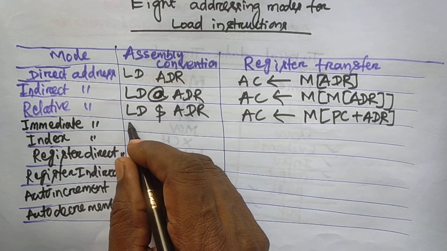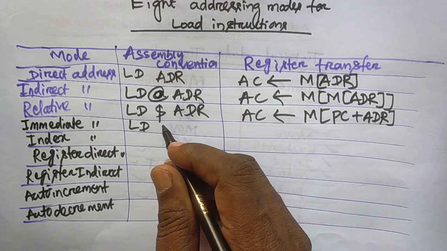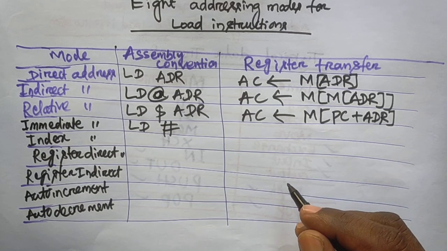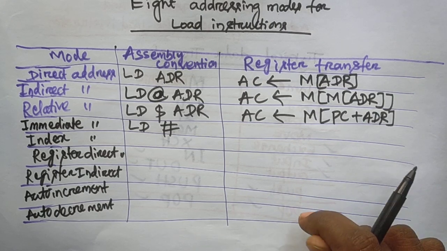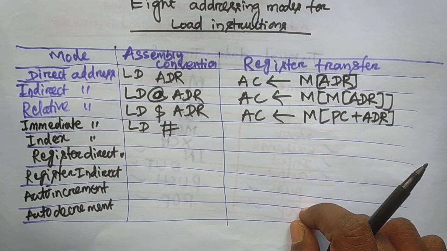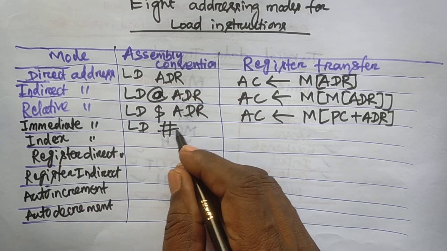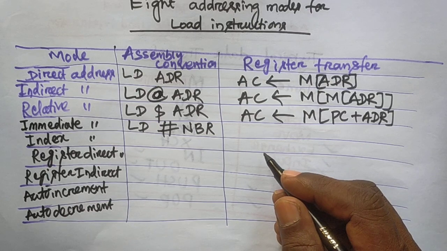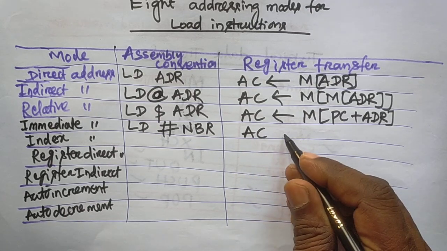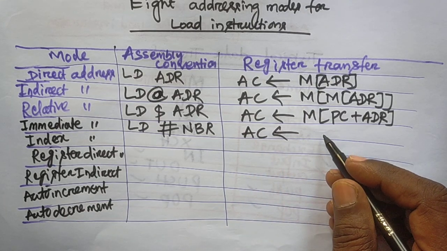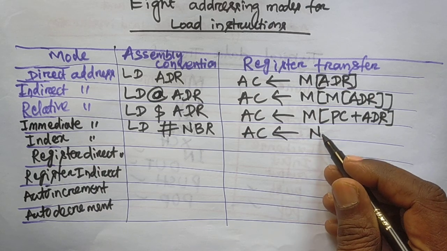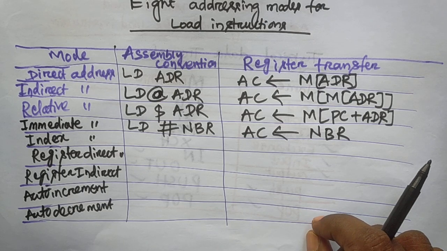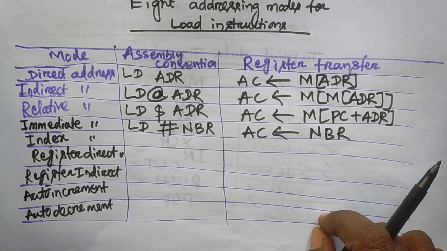In this case also we use load, and since it is a direct value, there is no need to depend on an operand. Load NBR: the direct number is loaded directly into the accumulator.